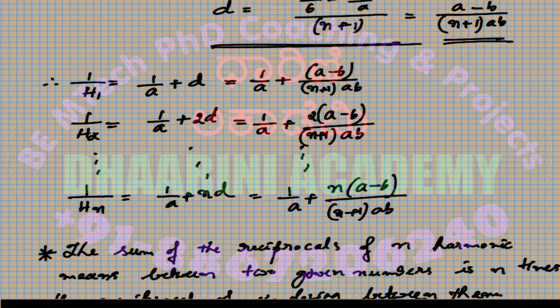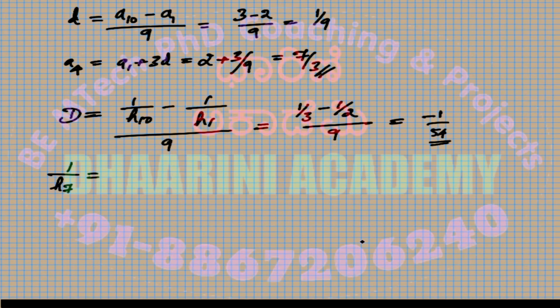Right? Simply apply this and let us calculate the 1 over H7 now. So therefore 1 by H7 equals, the equation I'll substitute, 1 by H1 is the first number plus 6D, because starting from A it is the 7th number, but starting from H1 this is the 6th step, right? So 6D, this is equal to 1 by 2 is the starting number minus 6 times 1 by 54, or 6 times minus 1 by 54 is this now.